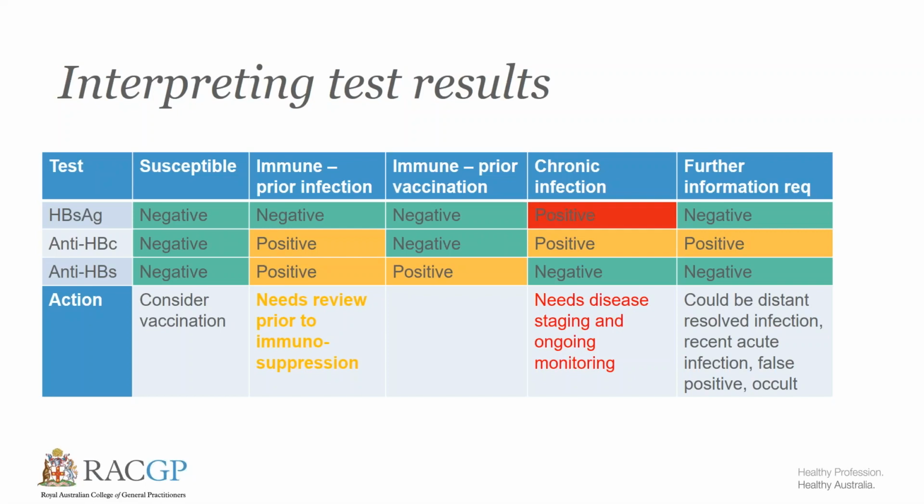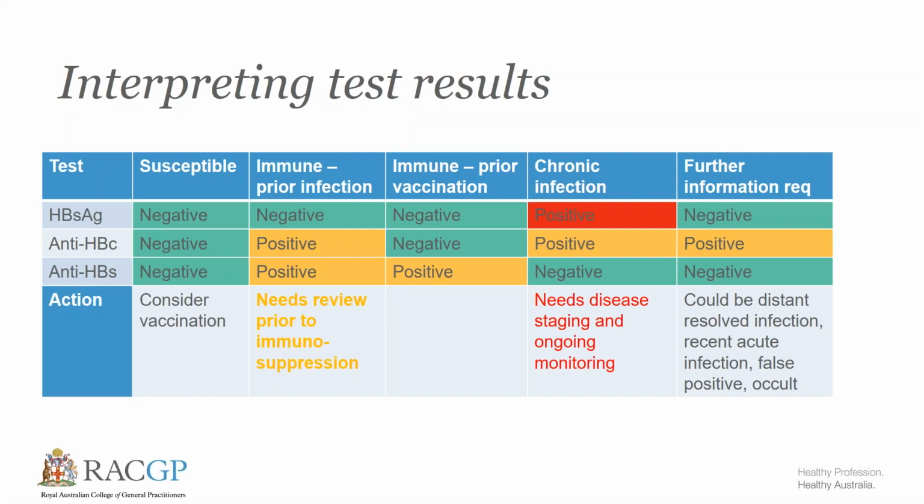So that person can be reassured that they're immune due to vaccination. The one we want to focus on tonight is the 4th column, chronic infection. These are people with surface antigen and core antibody, and because it's a chronic infection, they haven't yet developed surface antibody. So these are the people we're going to be focusing on tonight and talk about disease staging and monitoring.